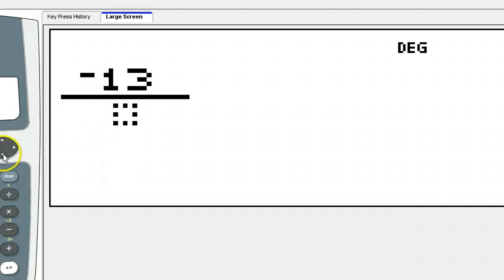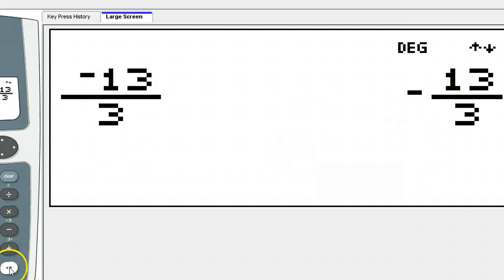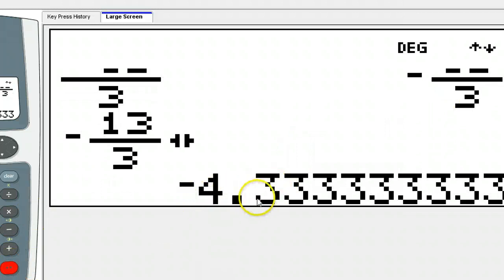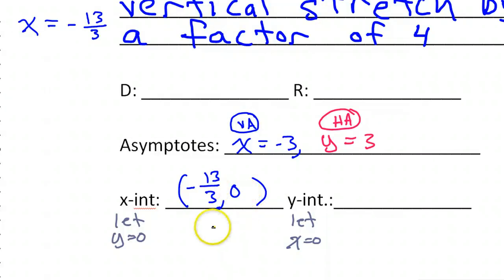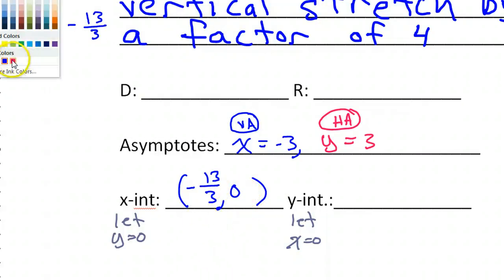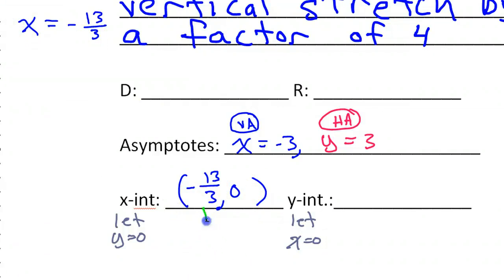It gives me the same thing. I toggle it, so that's negative 4.3. Just keep in the back of your mind that this is negative 4.3 approximately.